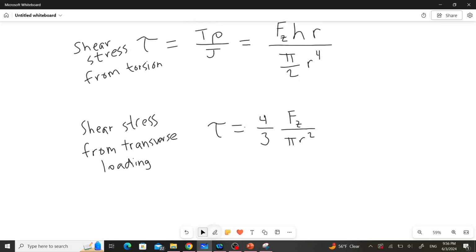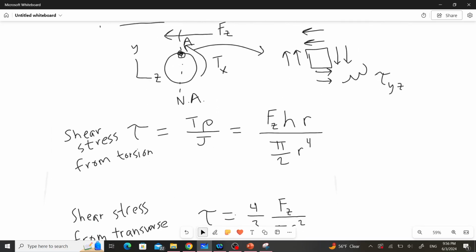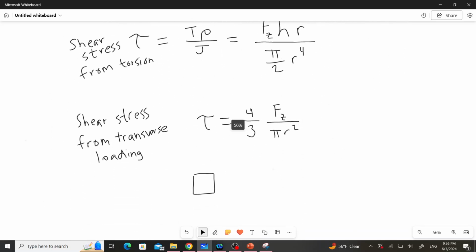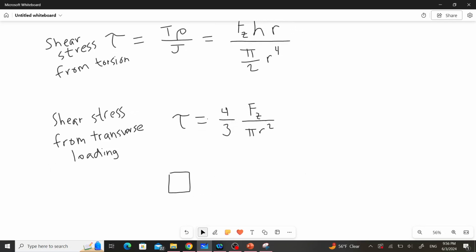And let's draw that just so it's perfectly clear. So we ended up with our stress at that point A would just have a resultant shear stress, which we'll call tau YZ, and it's the sum of the shear stresses that we just obtained.